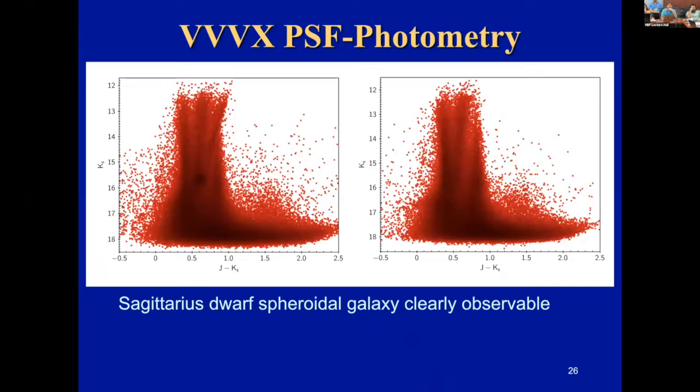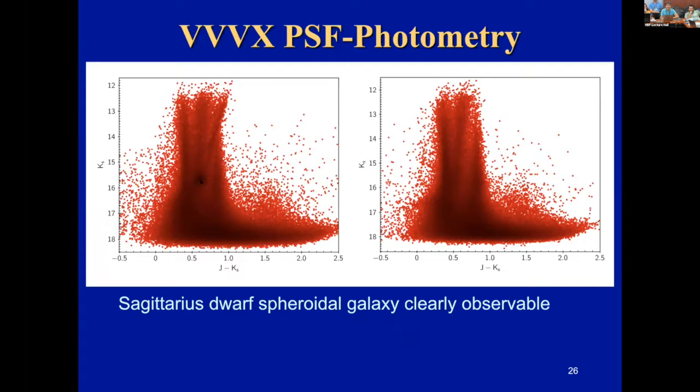Like, for example, we can try to look at the Sagittarius dwarf galaxy. We are imaging the center of the galaxy. Here you can see the contribution from this dwarf spheroidal galaxy, and we can also try to follow its tidal streams.